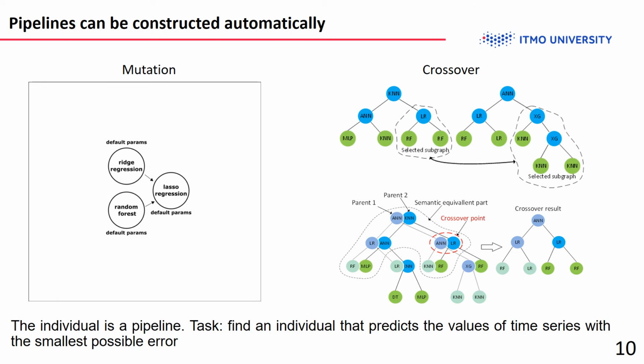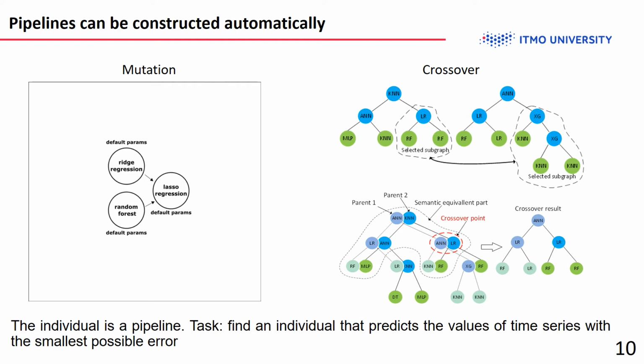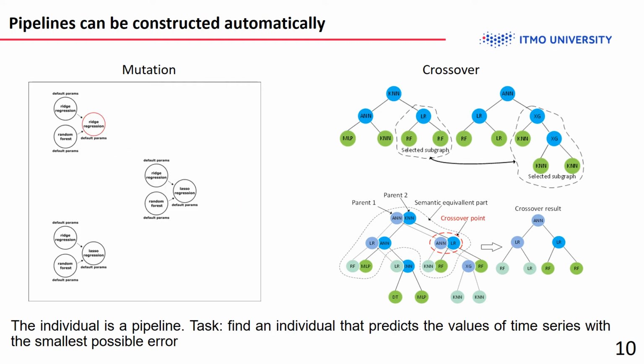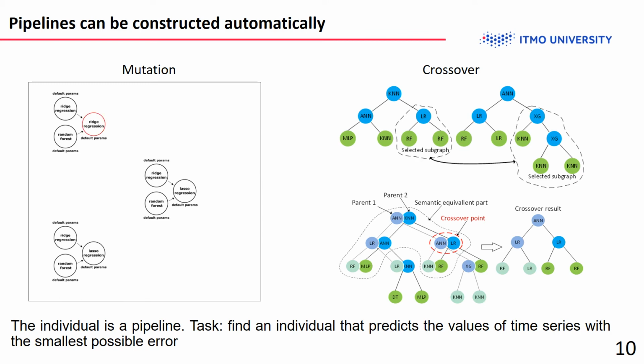The main reason to use evolutionary learning here is that pipelines can be constructed automatically. We can use pipelines as individuals in our algorithm and optimize their operations in the nodes, hyperparameters in the nodes, and deleting or adding nodes in the pipeline. We also apply crossover, just to swap different subtrees and try to find the best solution.